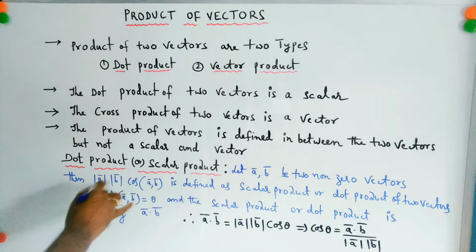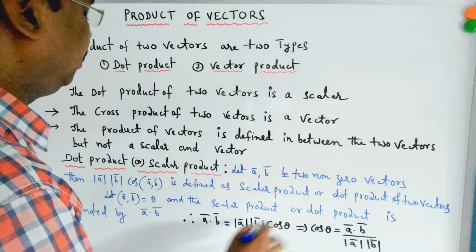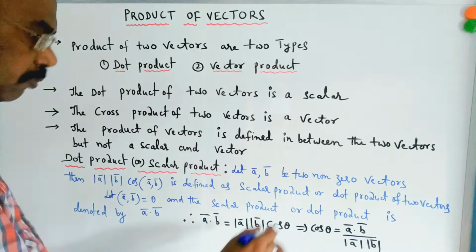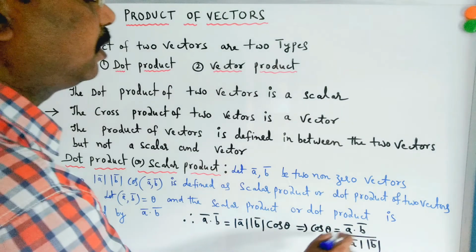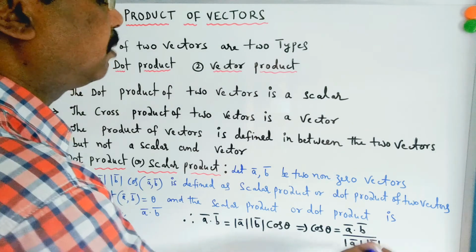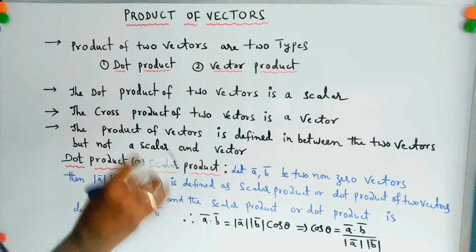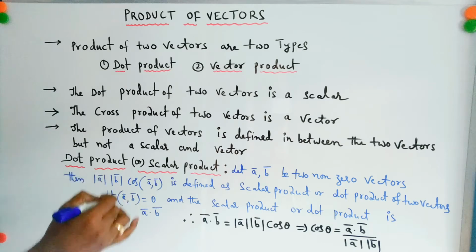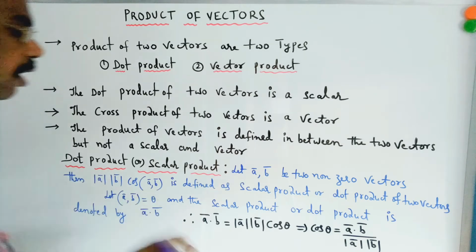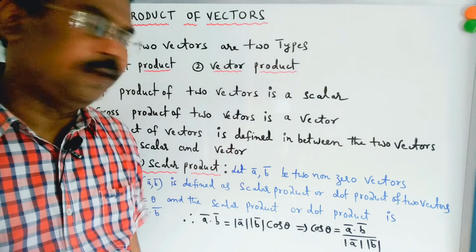Now A bar dot B bar is equal to mod A bar mod B bar into cos theta. Therefore, cos theta is equal to A bar dot B bar by mod A bar mod B bar.